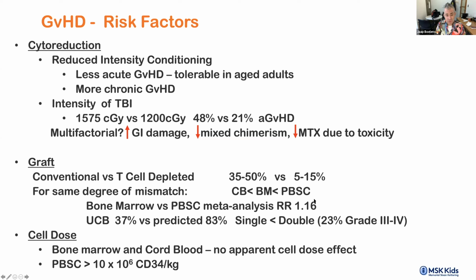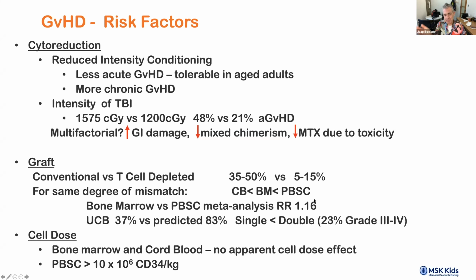The graft is important. If you use a cord blood graft versus a bone marrow or a blood graft, you can allow more mismatches in cord blood versus bone marrow versus blood. And if you do T-cell depletion, which is usually not done in transplant for metabolic diseases, you also see less acute GvHD. But if you do T-cell depletion in metabolic diseases, the risk of graft failure is higher.